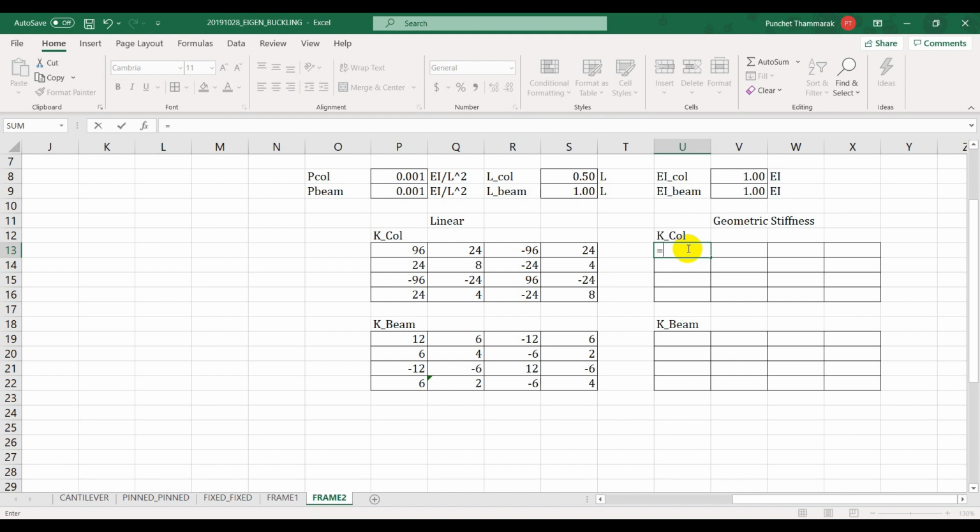We need to incorporate the length scale, so 1.2 divided by the length. This is 0.1.